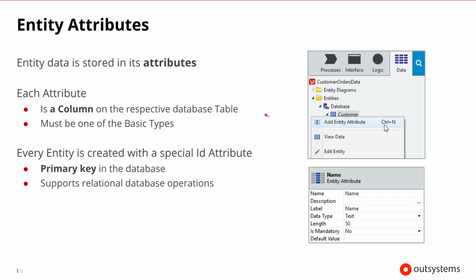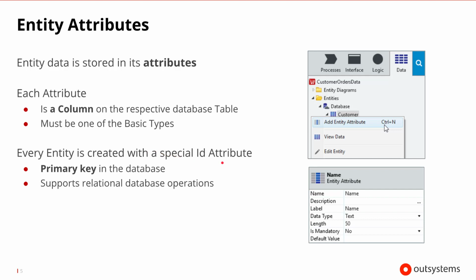Now, once the entity exists, then the actual data about the entity is stored in its attributes. So each attribute will end up being a column on the respective database table, and that column and that attribute will have some sort of basic type. Every entity that gets created has a special attribute called its ID attribute.